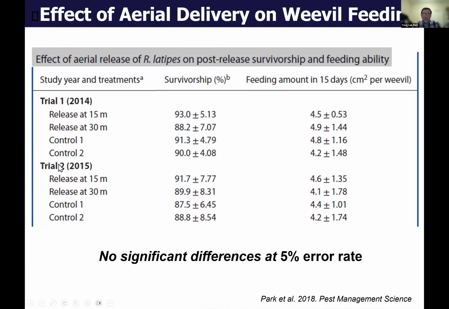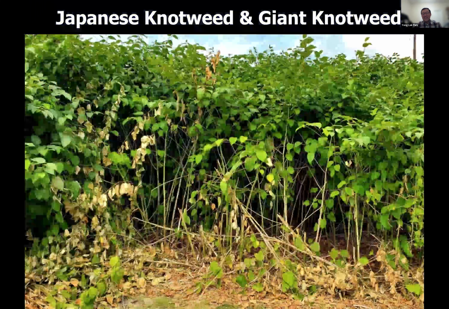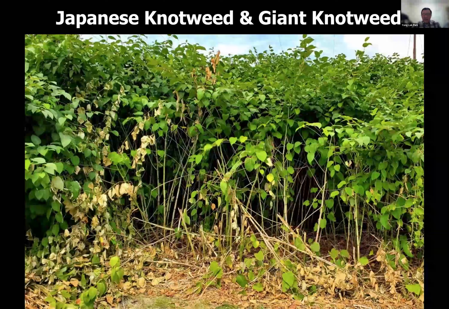So we did a 2-year study, and we dropped from 50 meters above the ground and 30 meters above the ground. And the control means it was never dropped. So we checked the survivorship and the feeding amount. There were no differences, which means this area delivery, area dropping didn't affect the natural enemy. That's good, right? So that's the first study.